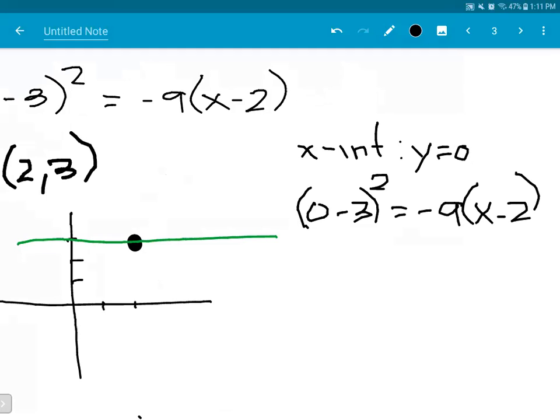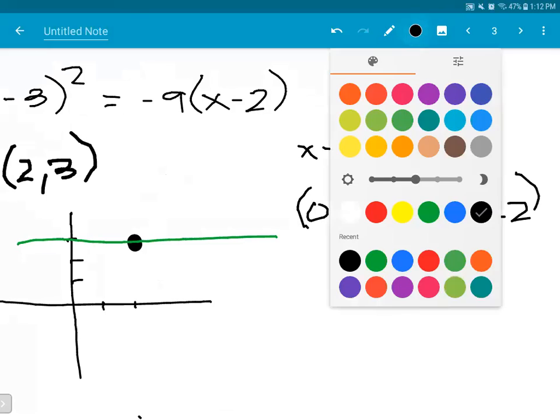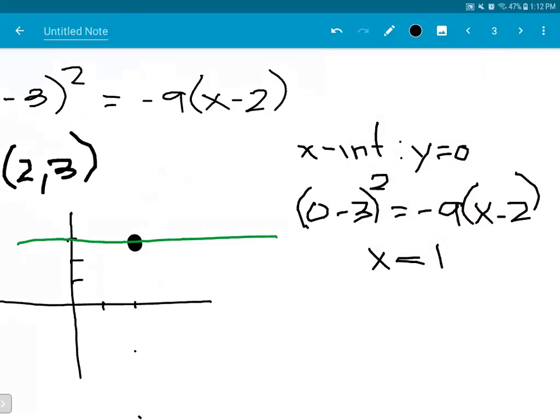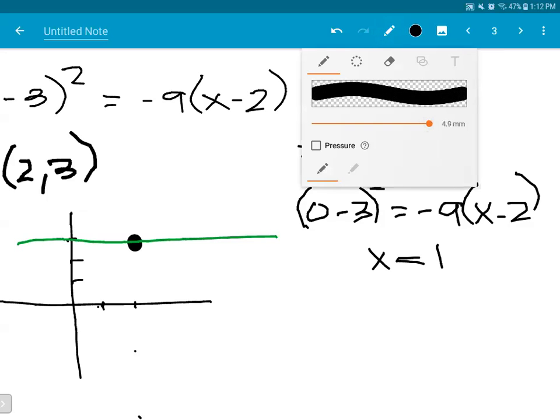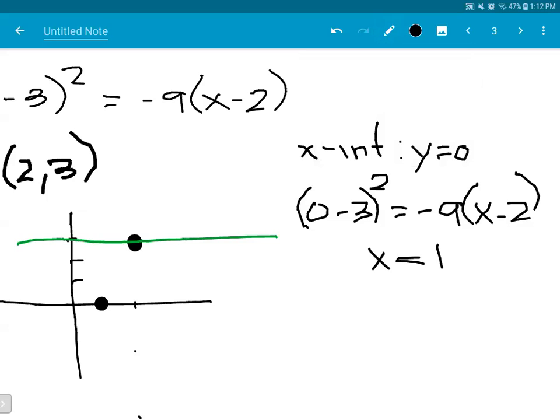You will get 1. So x equals 1, or rather, the x-intercept is at 1. So that will be this point. Remember, it's on the x-axis, not the y-axis now, since it's the x-intercept.